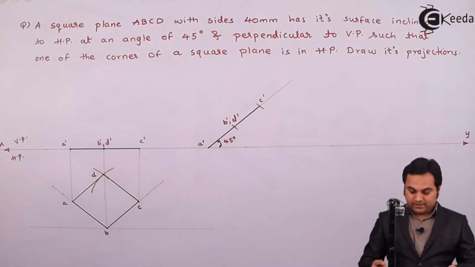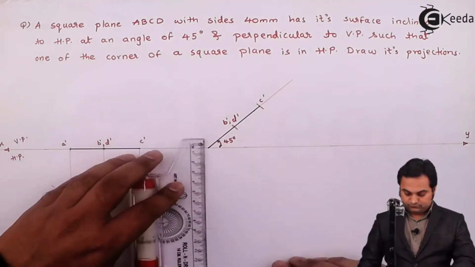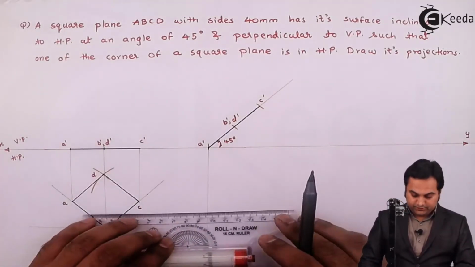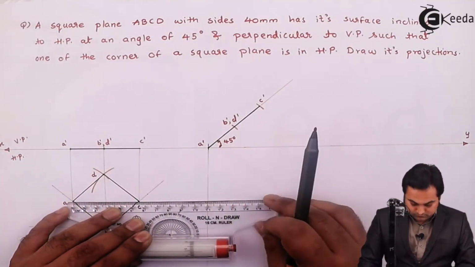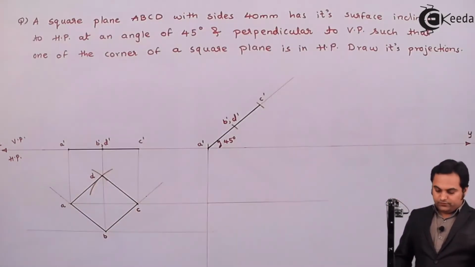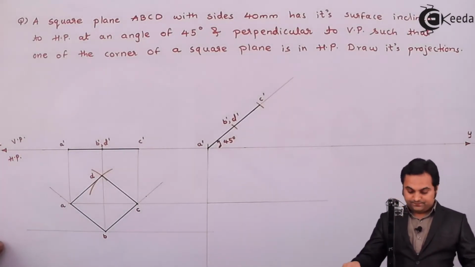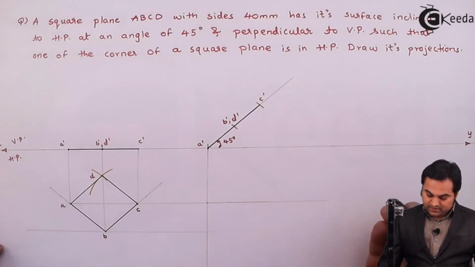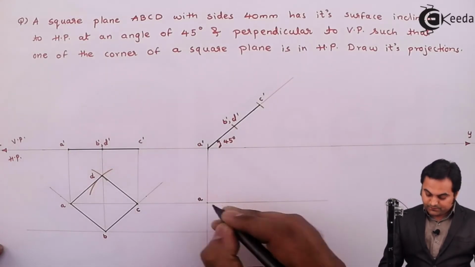Starting with point A dash. Point A dash, this is point A. So here at this intersection of A dash and A, I am marking point A.